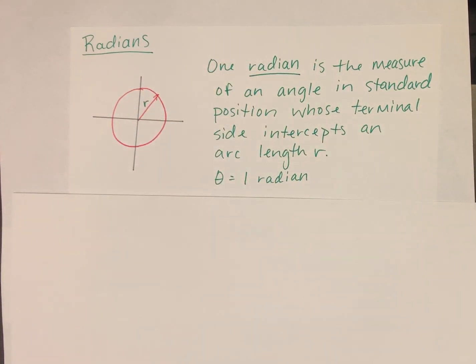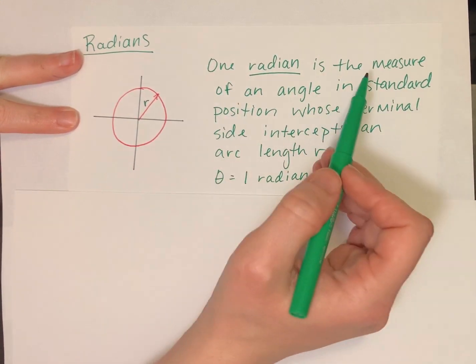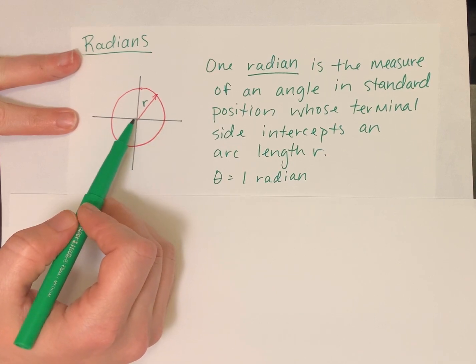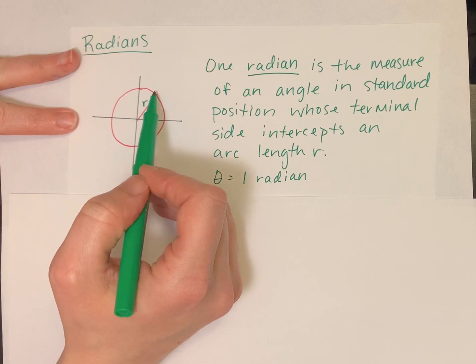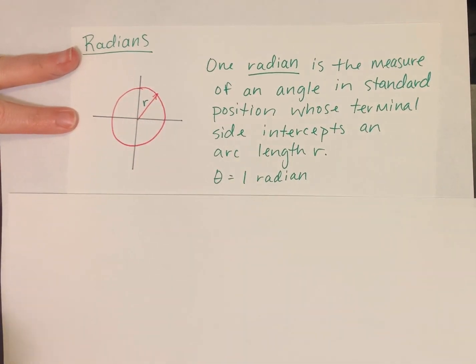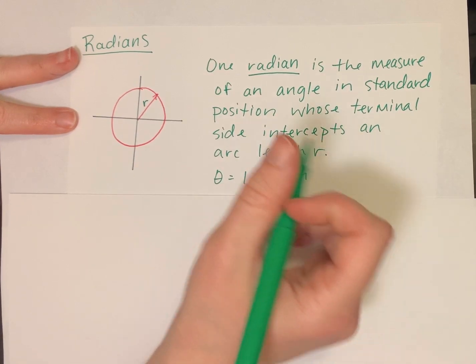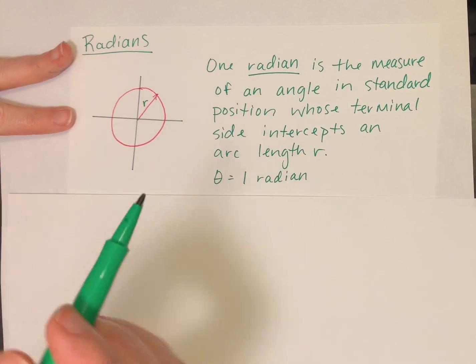We represent radius as r. We're looking at radians, so 1 radian is the measure of an angle in standard position. Its initial side is on the positive x-axis, and this is its terminal side. So it's an angle in standard position whose terminal side intercepts an arc length of r.